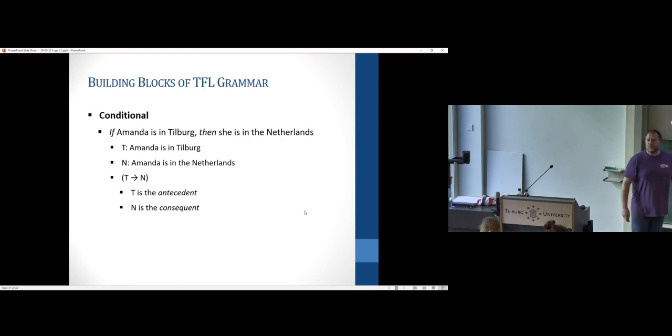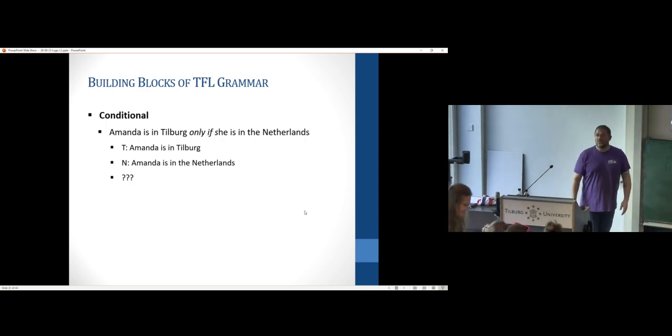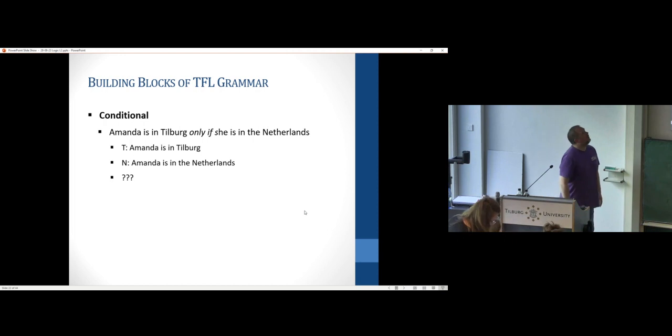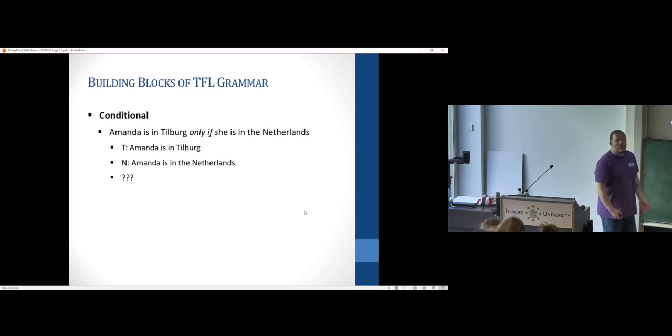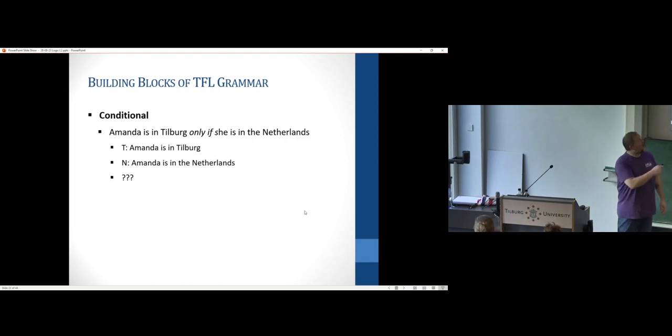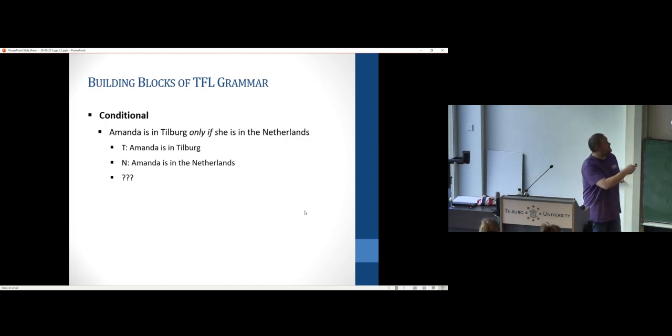And one of the first ways we can start to see how the conditional is weird is by thinking about this English sentence. Amanda is in Tilburg only if she's in the Netherlands. Now we'll have T be Amanda's in Tilburg and N be Amanda's in the Netherlands. How would we symbolize this English sentence?